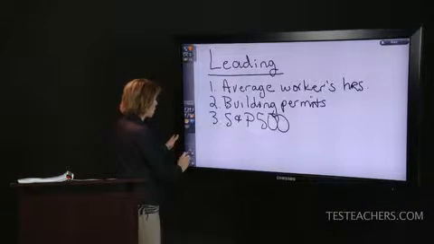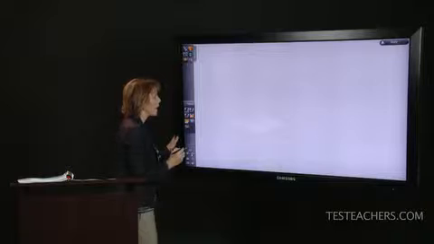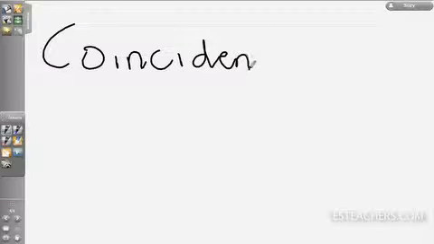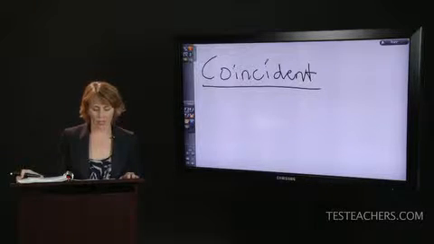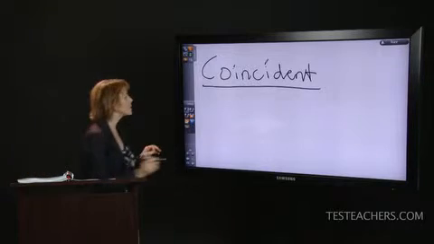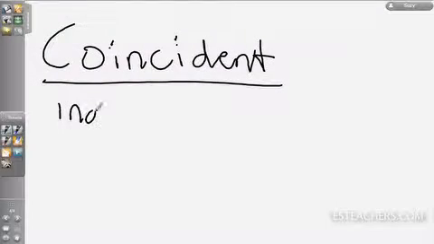Coincident indicators are ones that move at the same time as the current economic cycle that we're in. I would like you to know that industrial production is a coincident indicator.